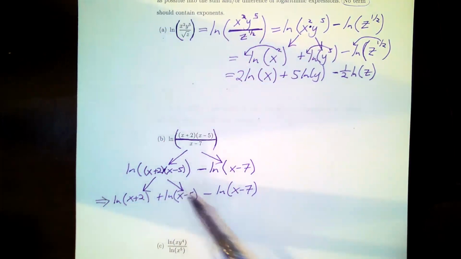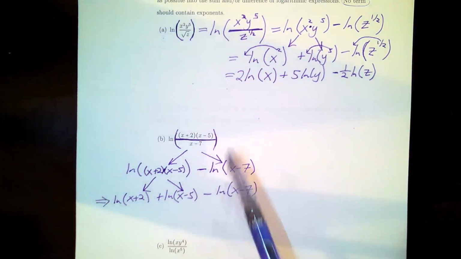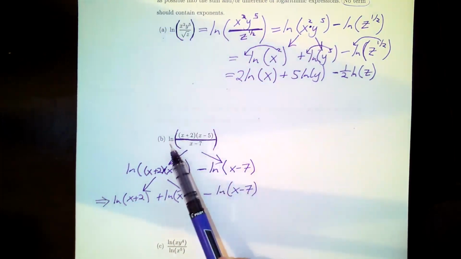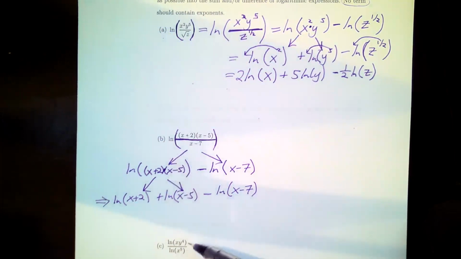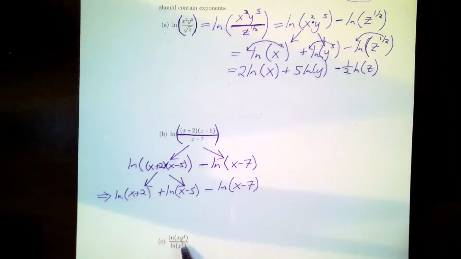The difference between this one and this one is, this is all inside of one log, but this has two logs, and the logs are in the top and bottom. This isn't a log on the outside. This isn't ln of xy to the fourth over 5. This is ln of that divided by ln of that.